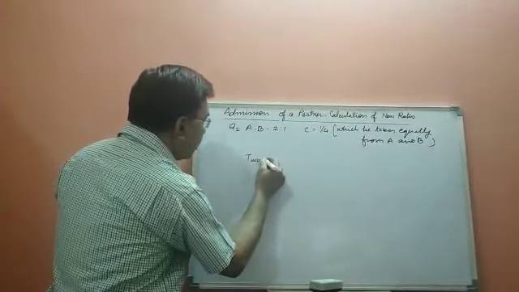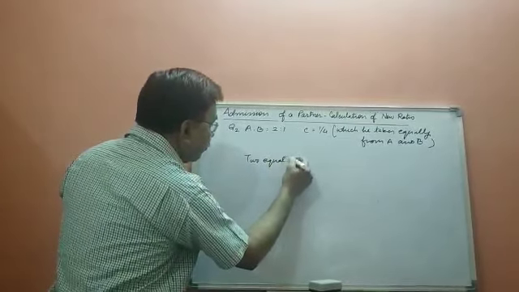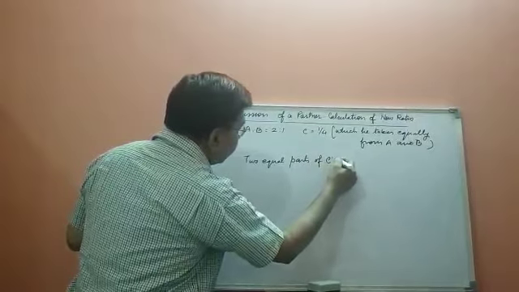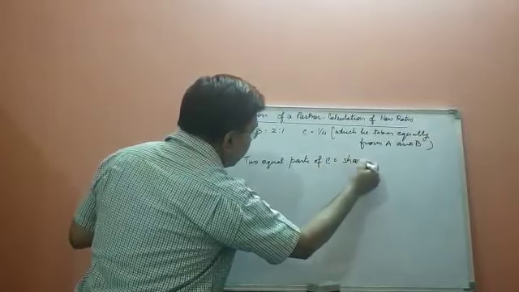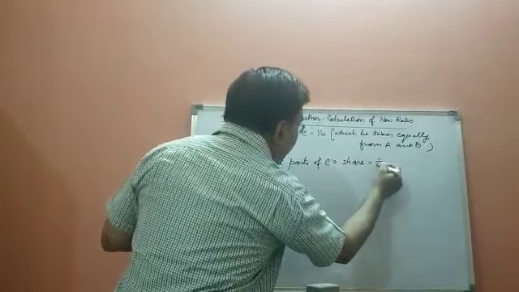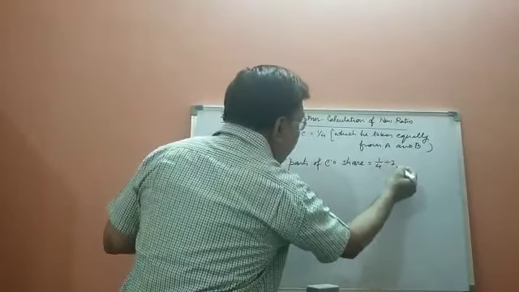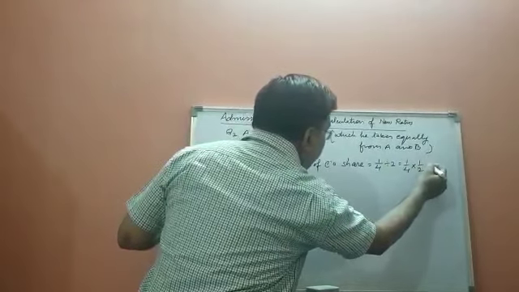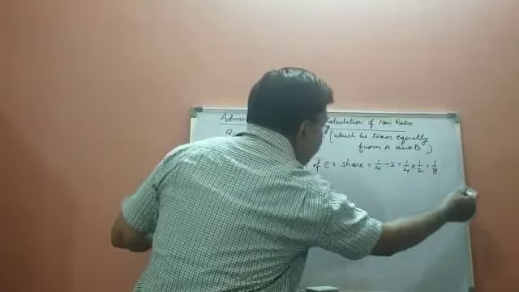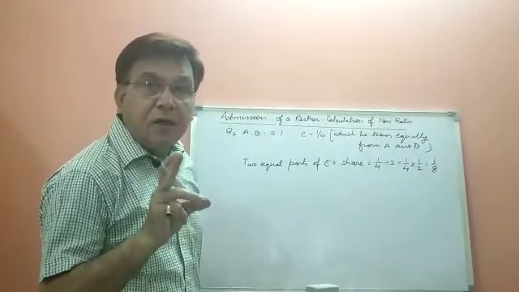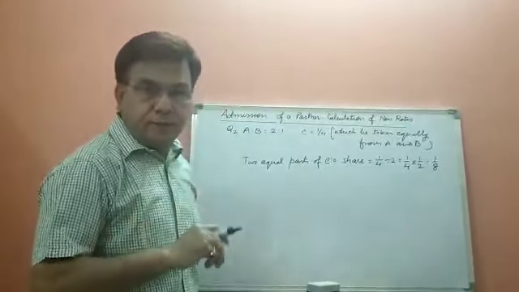Two equal parts of C's share is equal to, you divide by 2, 1/4 divided by 2 means 1/4 into 1/2 means 1/8. Two equal parts of C's share are 1/8 each.